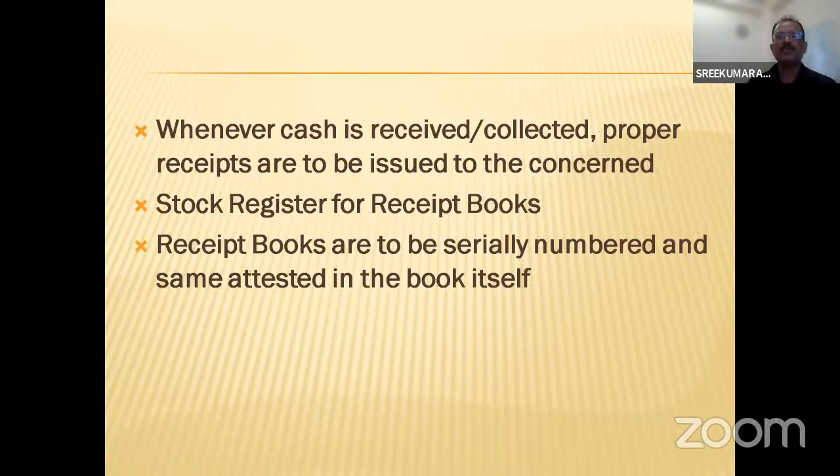This aspect has to be written on the front side or back side or anywhere it is convenient, and that needs to be signed by the custodian of that receipt book, in this case normally the DDO. It need not mean that the DDO always issues the receipt. In the guest house somebody else will be doing it. If you are having a farmhouse, the farm officer in charge will be doing it. In such cases, those officers will have to attest it.